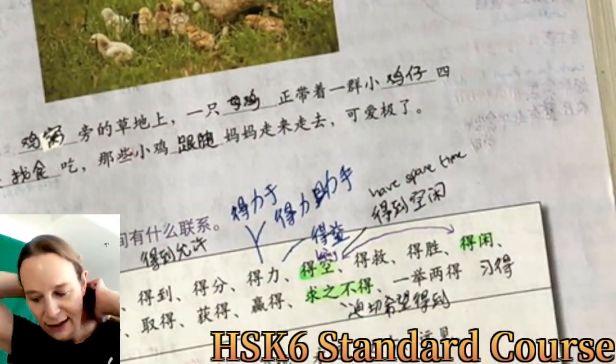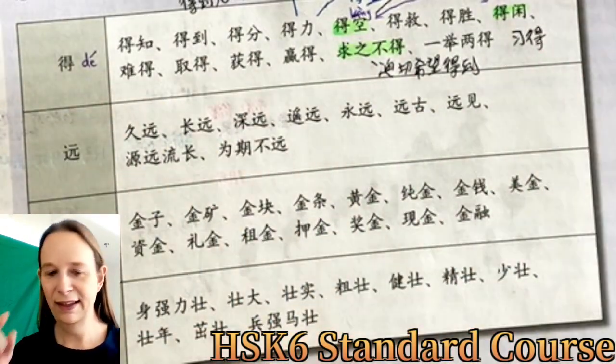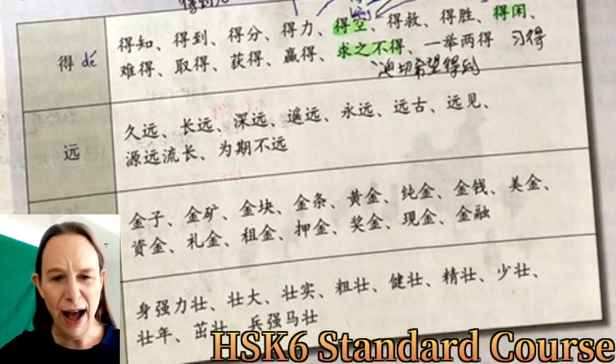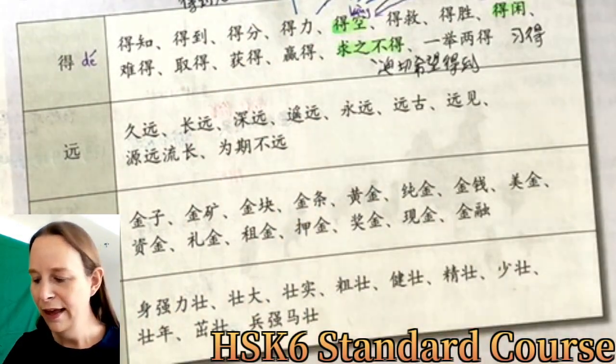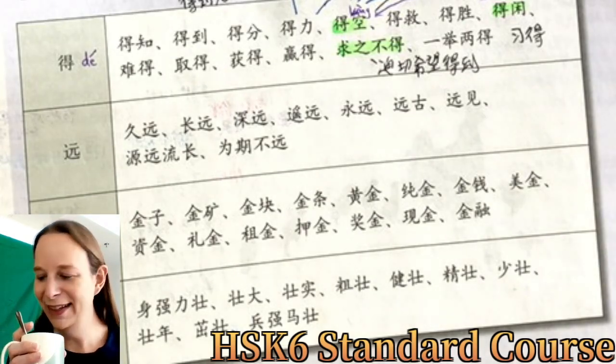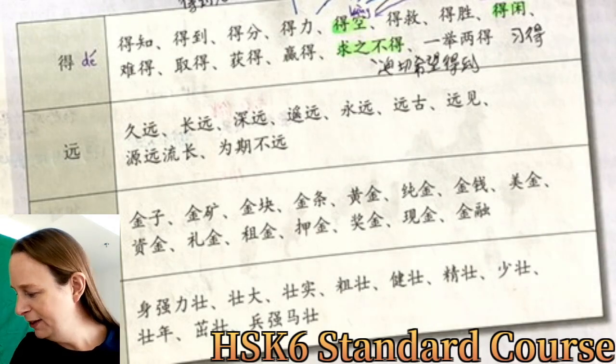Right, next that's 得 meaning to receive, so all those characters have the 得 means to receive, to acquire, that sort of thing. However, there are multiple other meanings of this character 得 that haven't been included here.